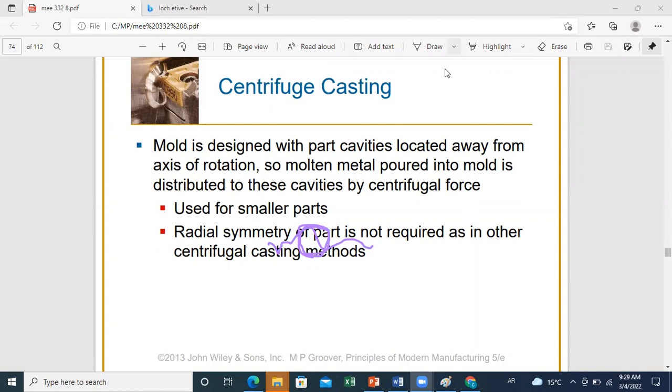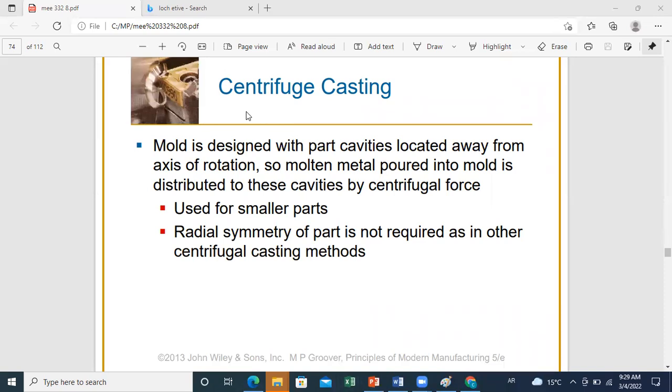So the main difference between the first type and this one is that we don't have to maintain a perfectly round surface for the inner part. This is the main difference between the first type and the third type.